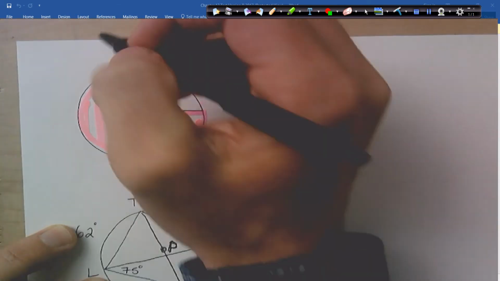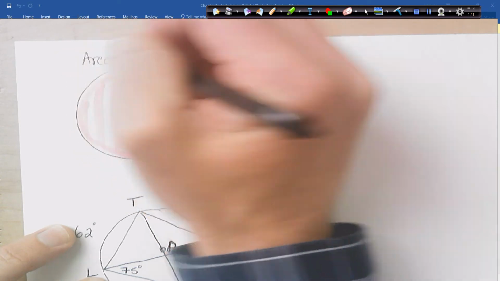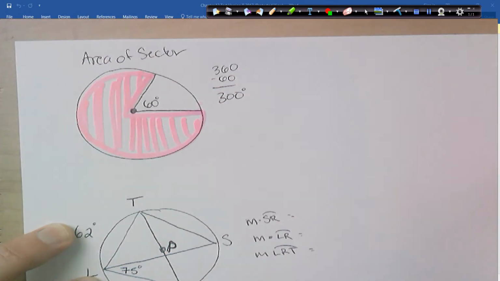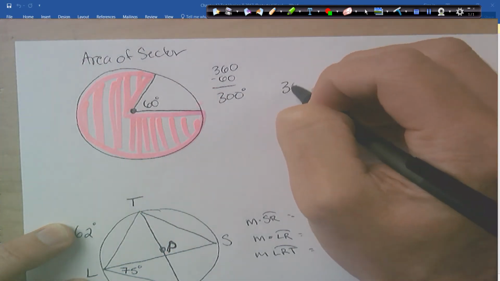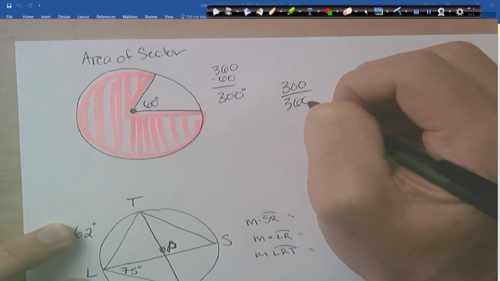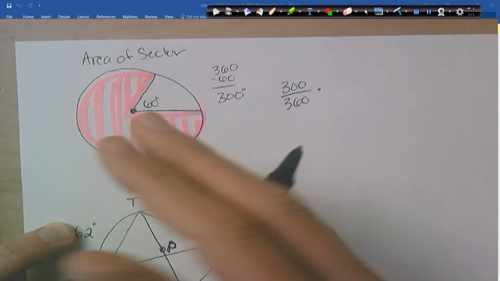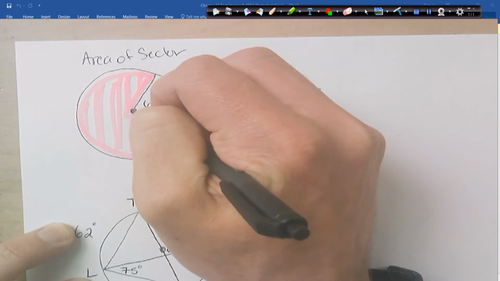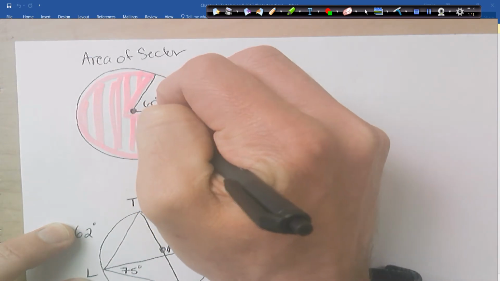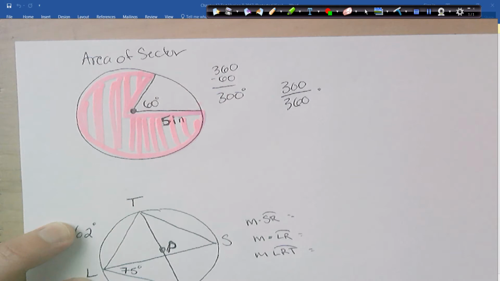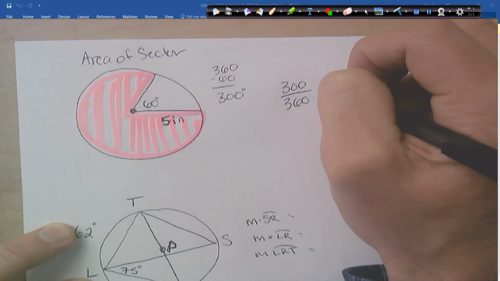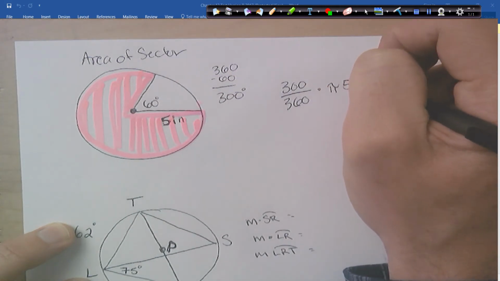So the area of a sector, very important equation we need to know, that's going to be the measure over 360 times, I forgot to write it in the problem, but this is supposed to be a 5 for our radius, so we have to have that. And that's going to be pi 5 squared, r squared.